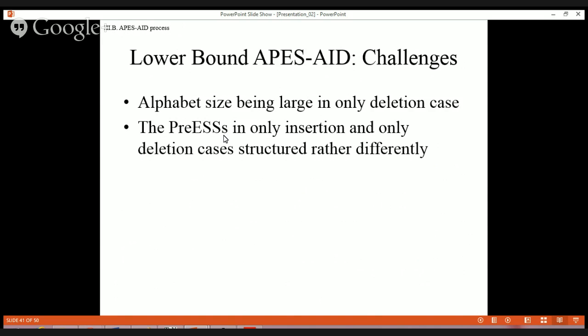The second challenge is that the pre-added source sequences we constructed in the only deletion and only insertion cases are rather different. In the only insertion process, the sequence is an all-same-symbol sequence. In the only deletion case, the pre-added source sequence is an all-different-symbol sequence.